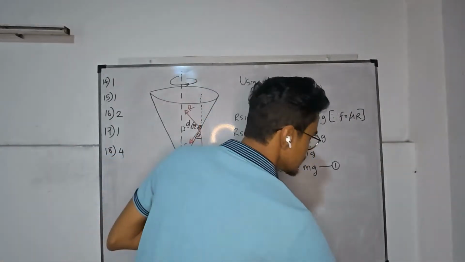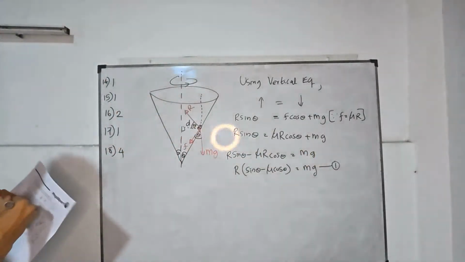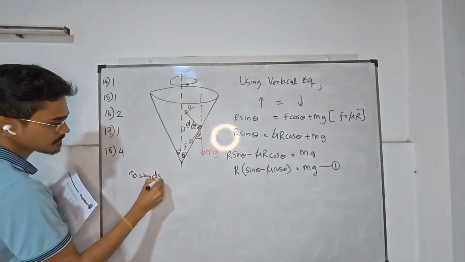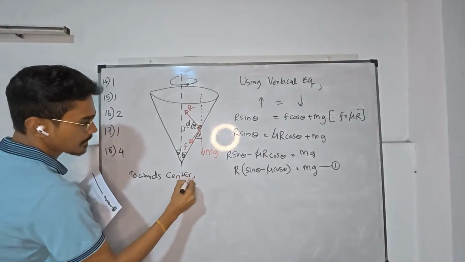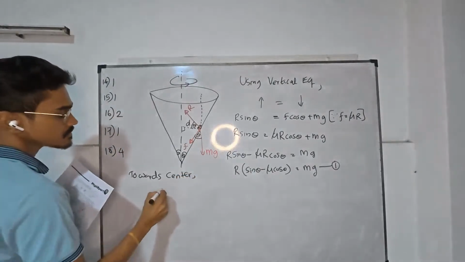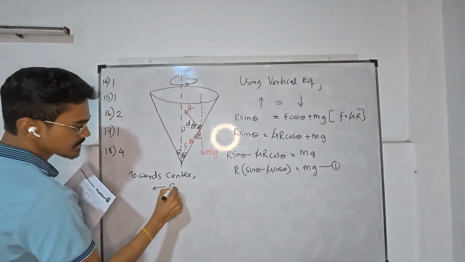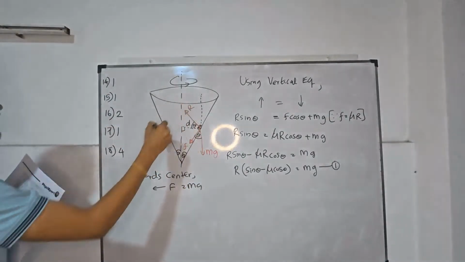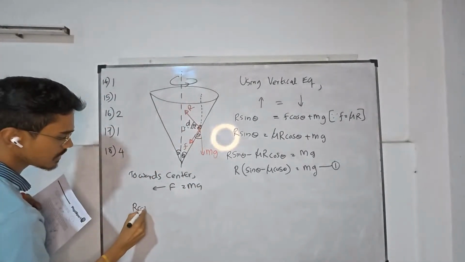So be mindful with the simplification. Here there are more terms involved in the simplification. This is towards the center, and the towards-center direction is this. F equals ma. The force towards the center has one component of R, that is R cos theta.